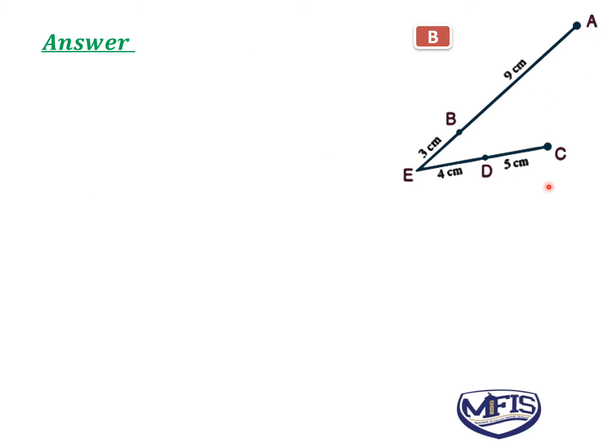Since AB intersects CD at the point E, and EB times EA, 3 by EA, which is 9 plus 3, is 12, so 3 by 12 will be 36. This is number 1. So I will find ED times EC. ED is 4 centimeter, and EC is 5 plus 4, which is 9.